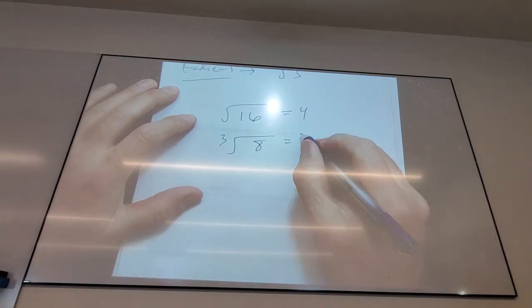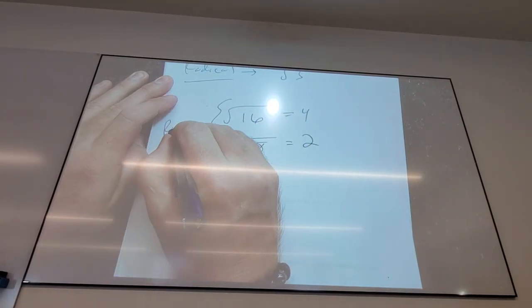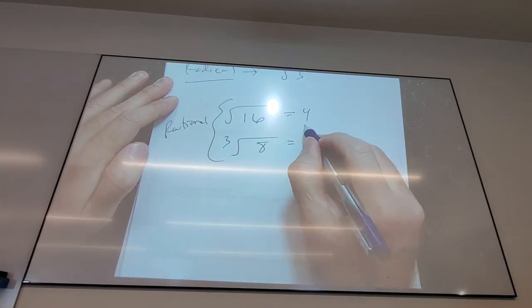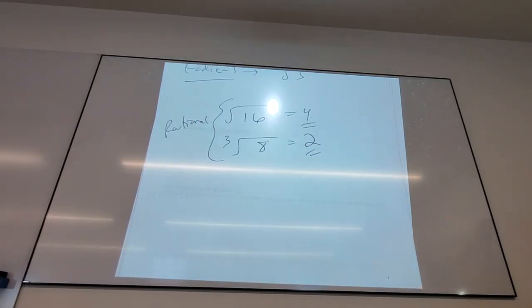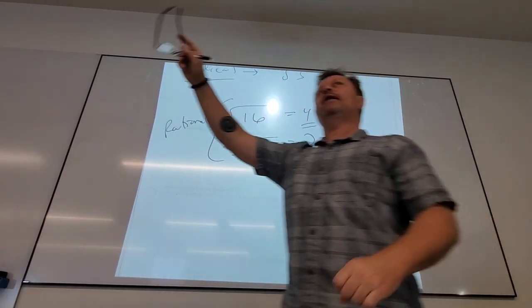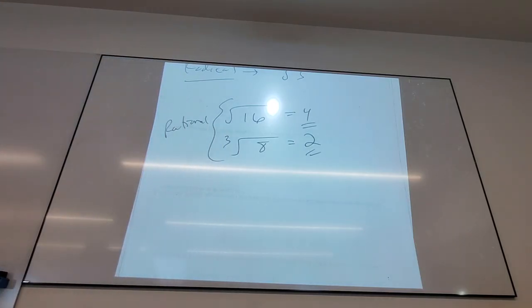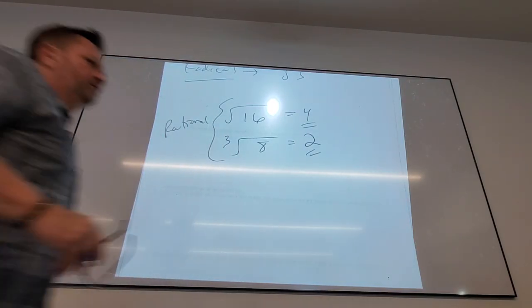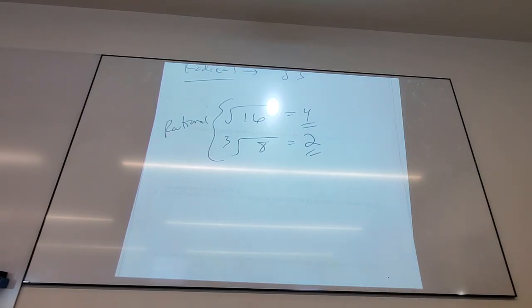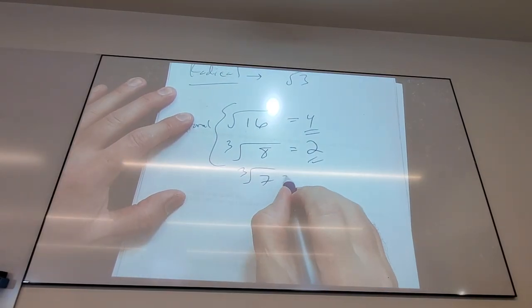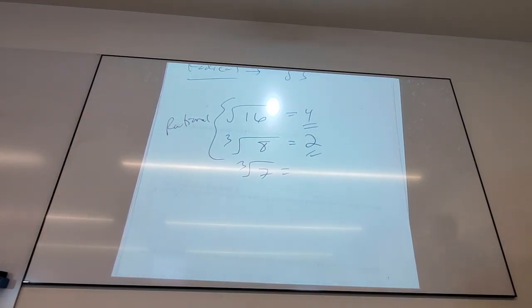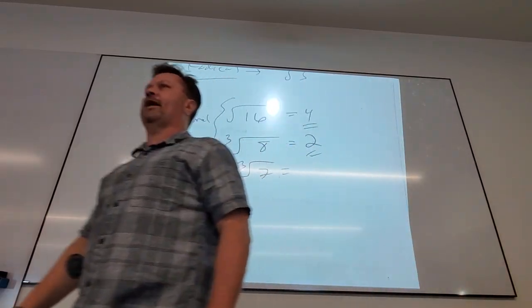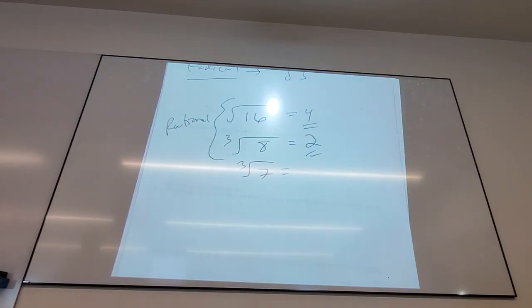So these 2 examples are rational because they become whole numbers. Anything you cannot do the root of directly is irrational. If I said, what's the cube root of 7? Why can you not tell me that answer directly? You can't give me the exact answer. Can somebody estimate it? We know the cube root of 8 is 2.